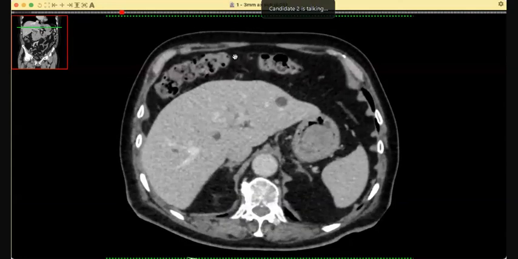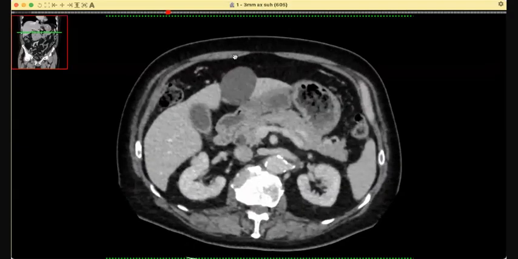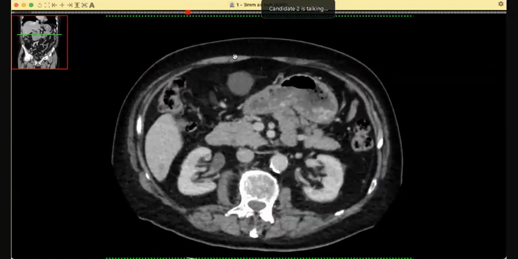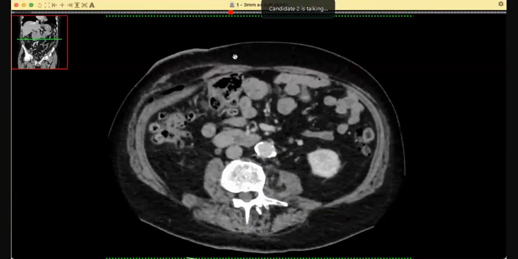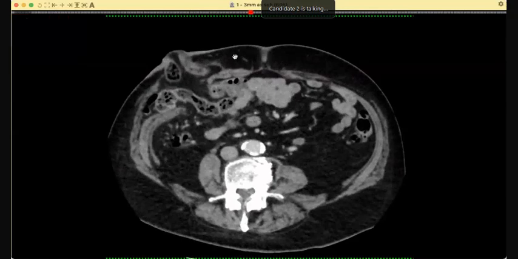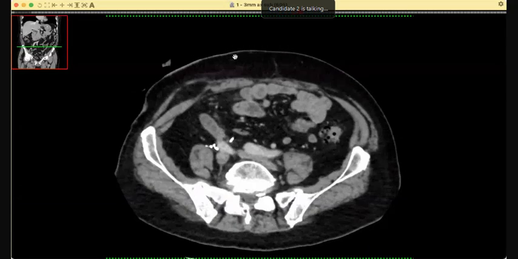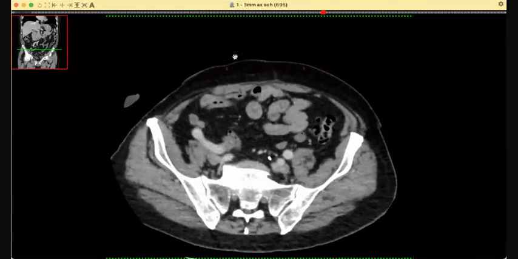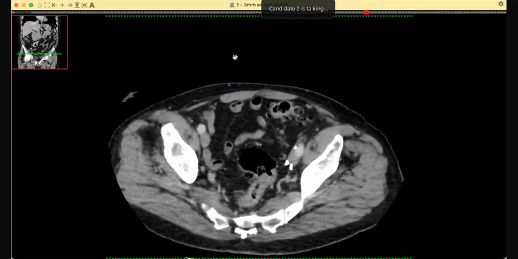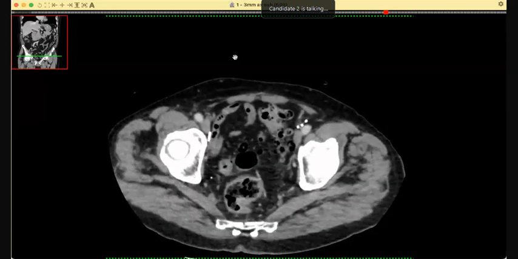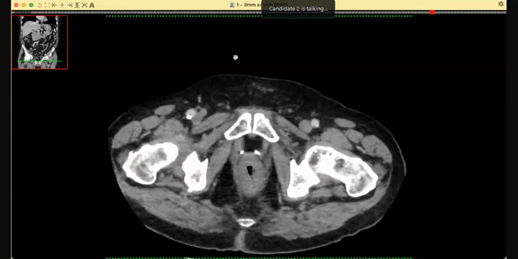Okay, so I've been presented with an abdominopelvic CT scan of a patient who had a urologic surgery, and this is the 1 year follow-up image. On the first look, I can appreciate that there is a mass within the lumen.